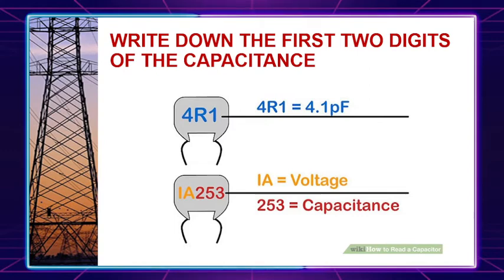Meaning to say, the smallest capacitors made from ceramic, film, or tantalum use units of picofarads, which is equivalent to 10 raised to negative 12 farads.